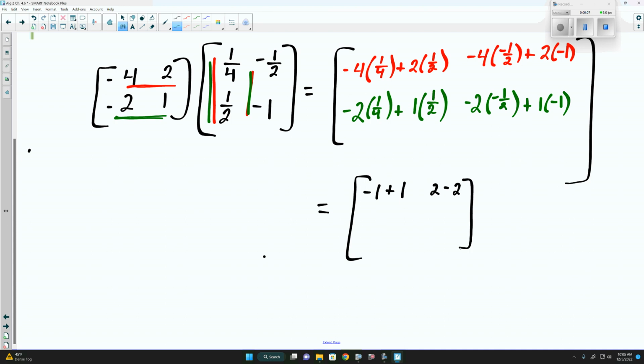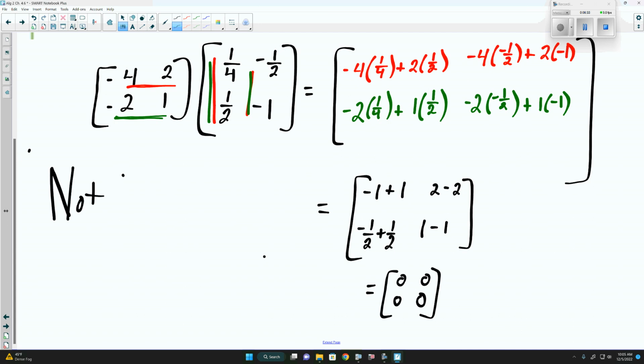Negative 2 times 1/4 is negative 1/2, plus 1/2. Negative 2 times negative 1/2 is 1, minus 1. Which gives us the 0 matrix. So is the 0 matrix the identity matrix? So these are not.